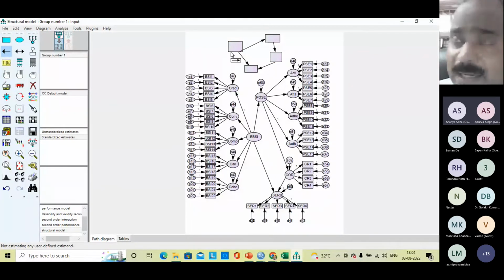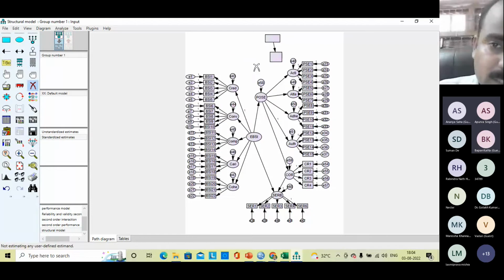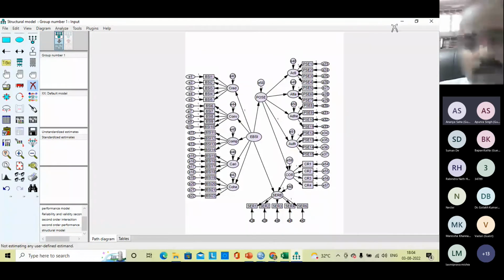So what will happen? By clicking here, you will go to the new SPSS datasheet that has been automatically created. So the same procedure, give the data, operate. Matter over? Clear? Bapan sir, clear? Yes, sir. Okay.